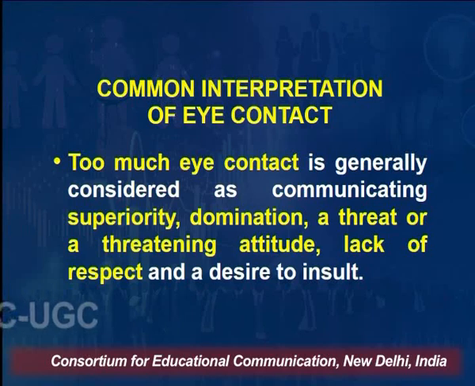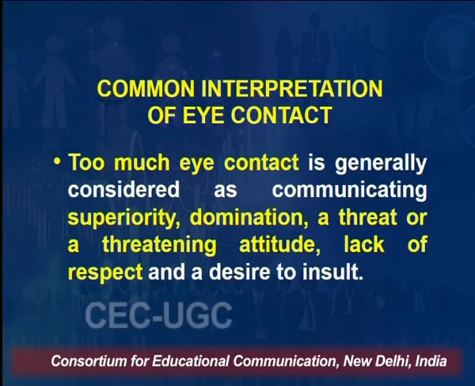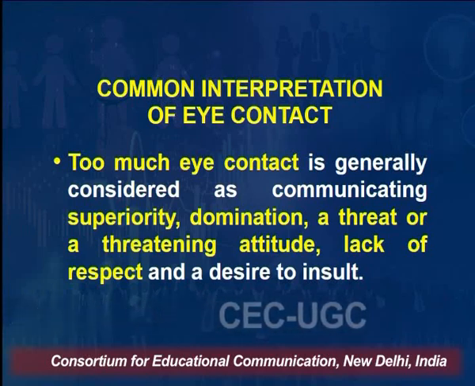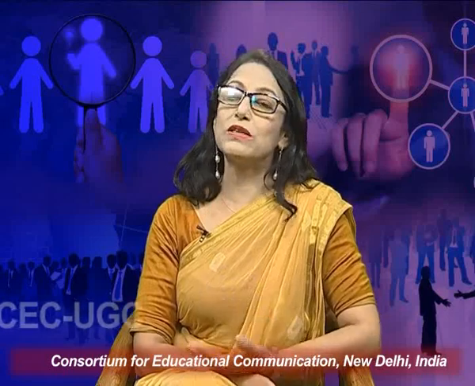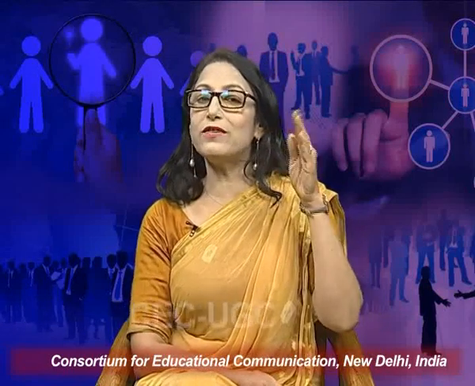Or if the sender lacks respect for the receiver, even then the person will have too much eye contact. So it varies from proving superiority and domination to lack of respect.